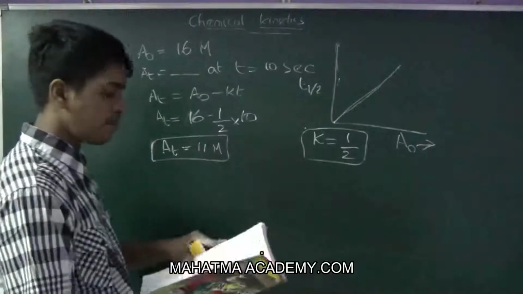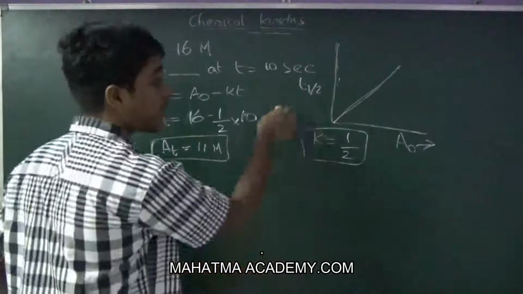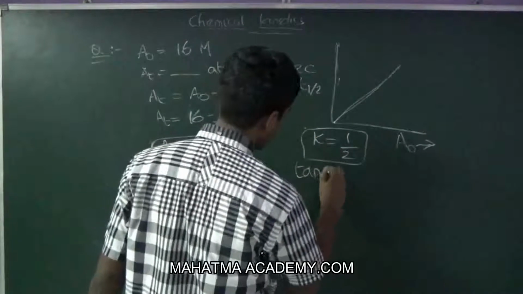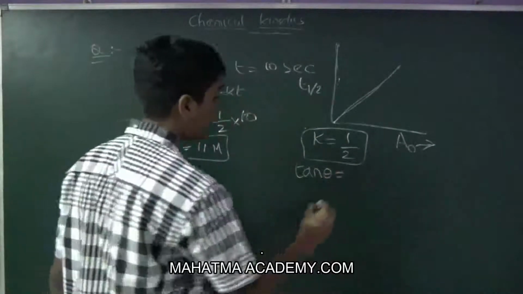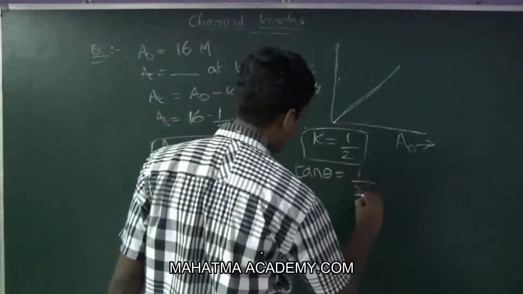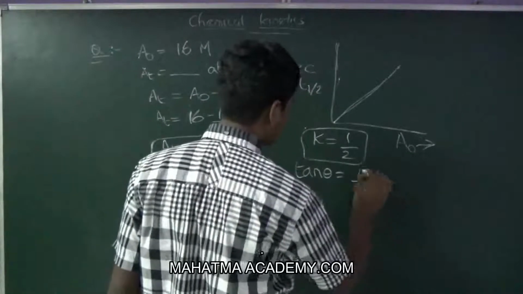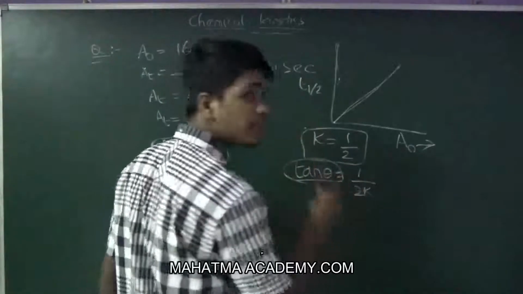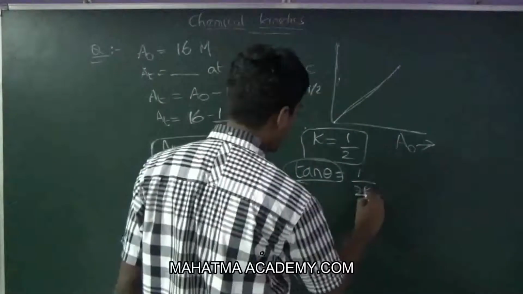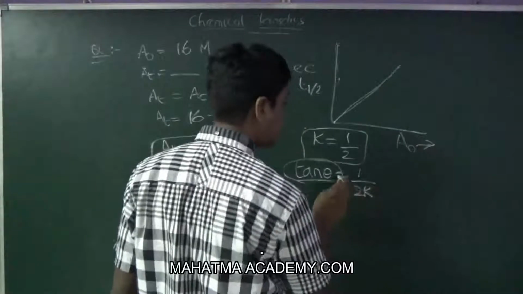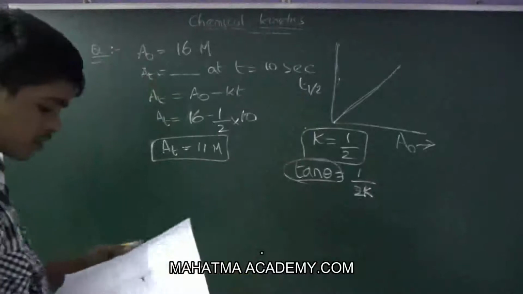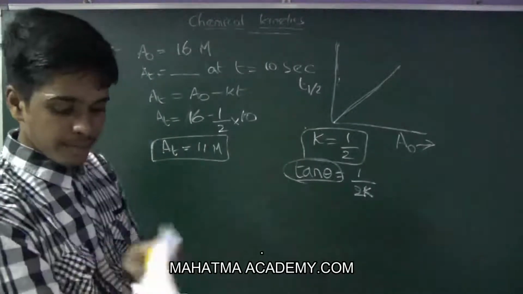For the graph between t half and A naught, the tan theta is equal to 1 upon 2k. Here tan theta is 1 because it is constant. So from this we can get k is equal to 1 by 2. Now we are going to discuss the second question.